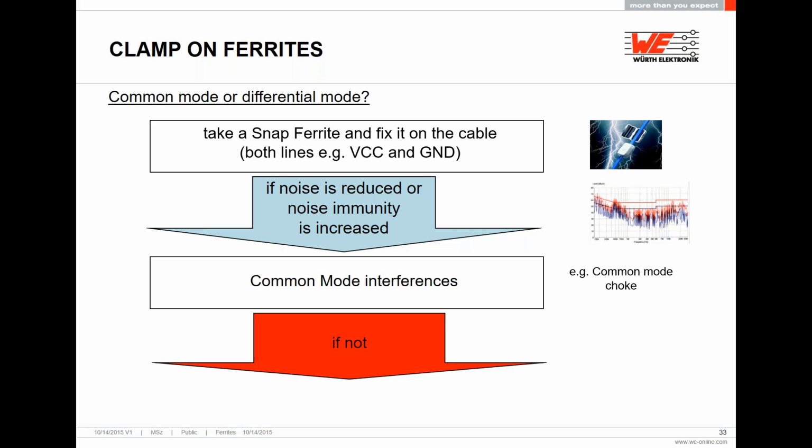But if there is no effect, if there is no attenuation at all, then you have a differential mode problem. Therefore, at the Wurth level, if you have a common mode problem, you could use a common mode choke. If it is a differential mode problem, then you could use a chip bead ferrite.